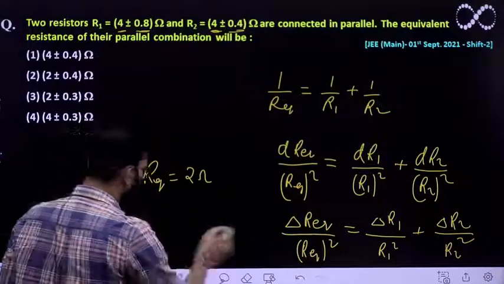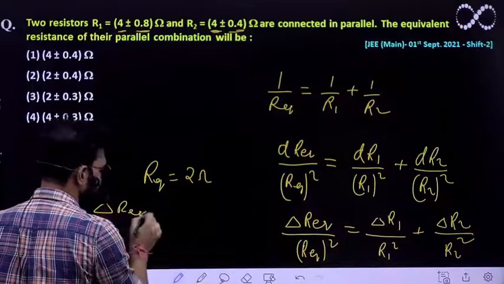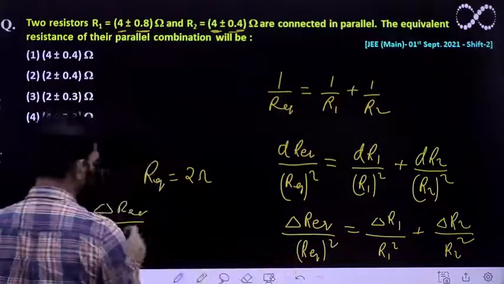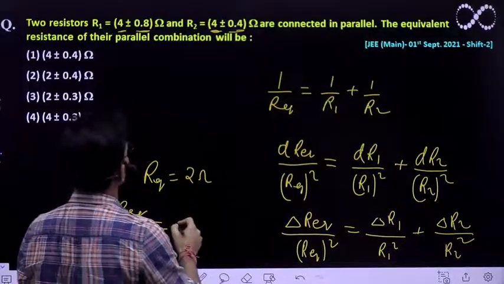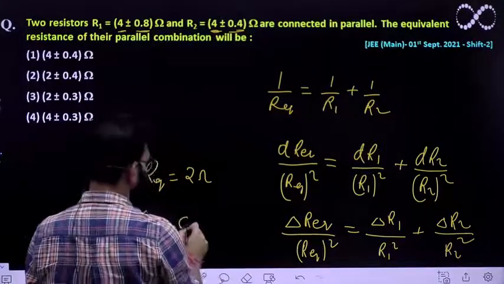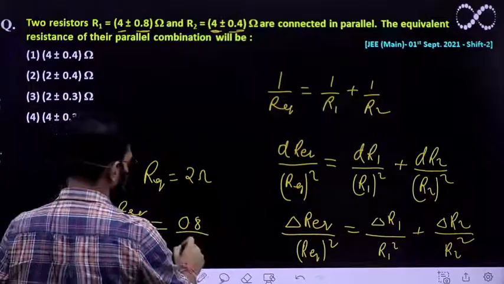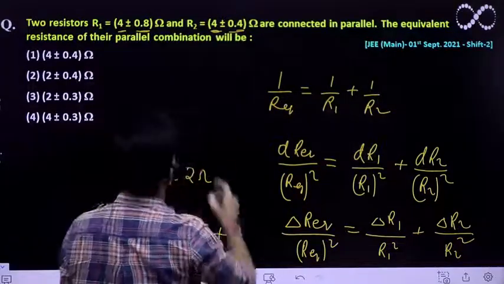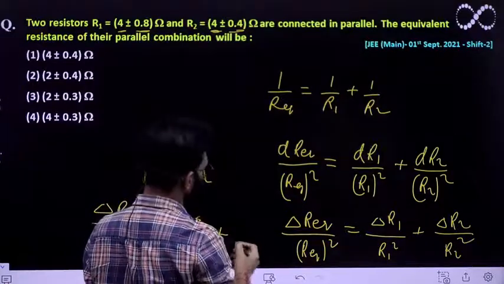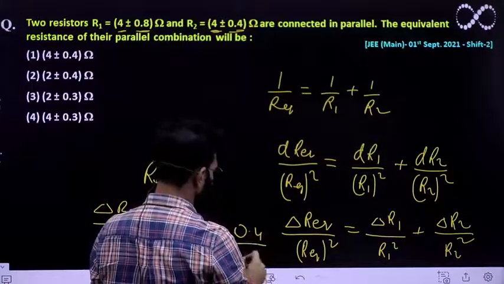So delta R equivalent divided by R equivalent, which is 2, whole square, so you'll get 4. Delta R1 is also given to you, which is 0.8, divided by R1 squared, which is 4 times 4 is 16, plus again delta R2 is given as 0.4 divided by 16.